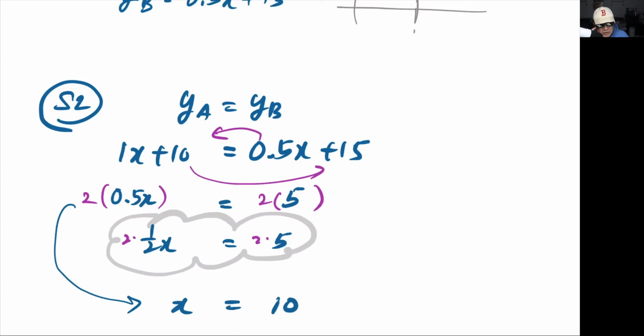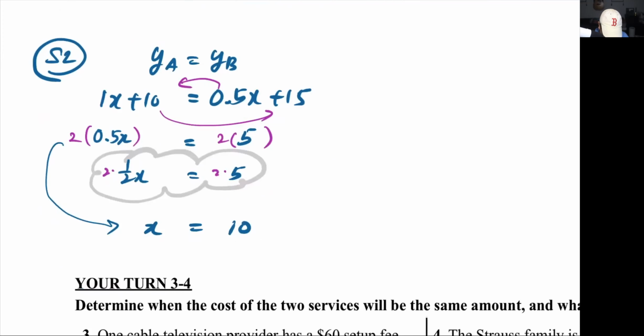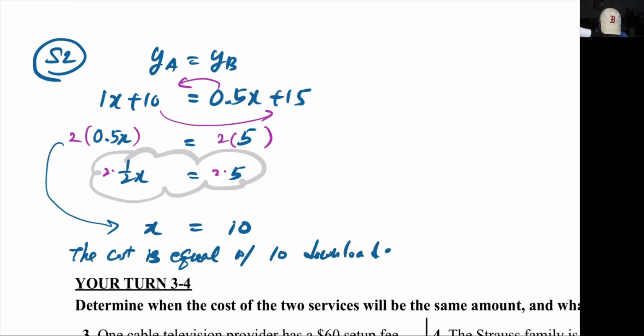So the cost will be the same with 10 downloads. That's what that means, right? So the implication over here is that the cost is equal with 10 downloads.